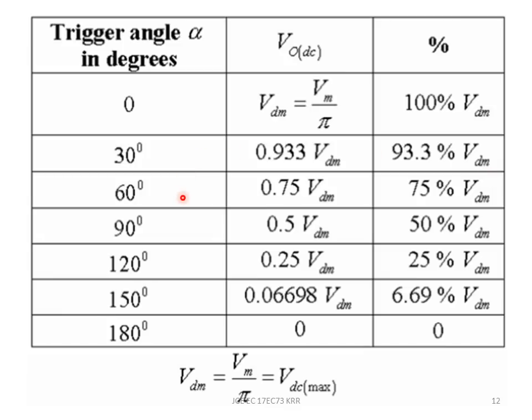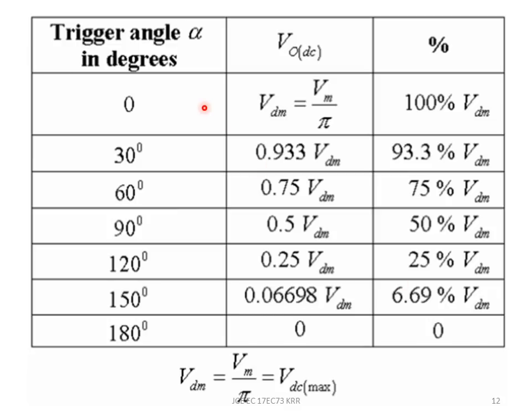Then at 60 we are getting 75%. At 90, obviously, I'll get only 50%. At 120 I will get 25% of the maximum DC voltage, and so forth. And at 180 degrees, when alpha is 180 degrees, I am going to get 0 at the output, or no output at all. Hence the percentage is also 0.